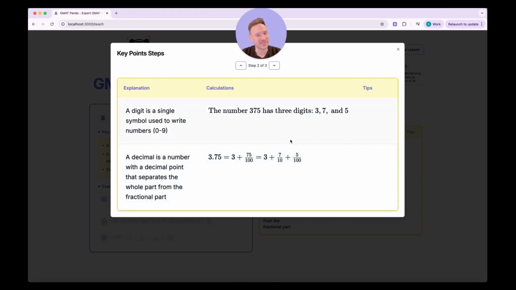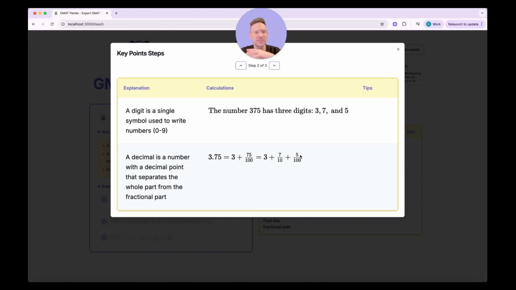We could split this number, if we wanted to, into that 3, which is the whole part, plus the fractional bit, which is 0.75, or we could write that as 75 divided by 100. And if we want, we could split that even more. We could split the 7 part of it, which is 0.7, and that we could write as 7 over 10. And the 0.05, that is 5 over 100.